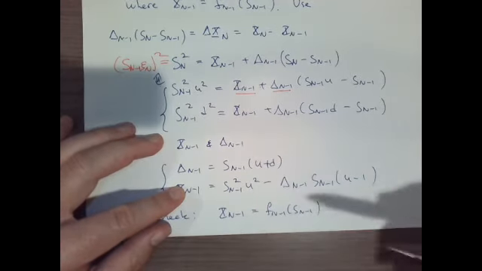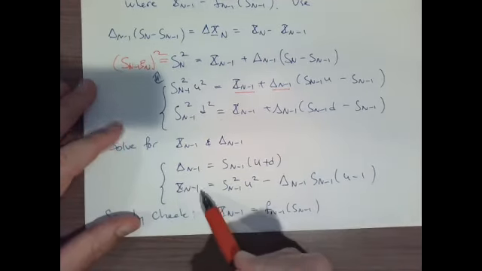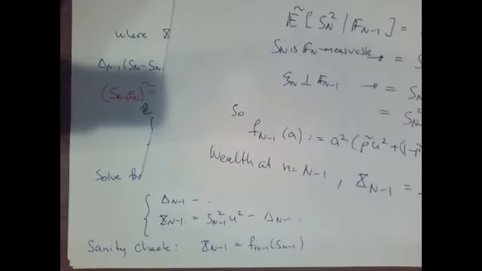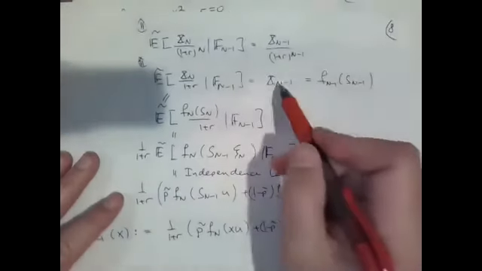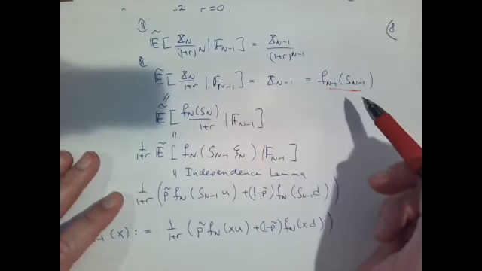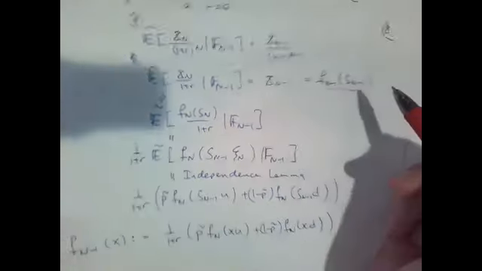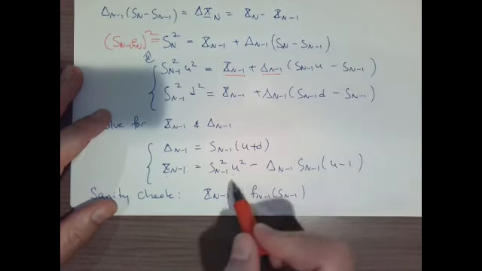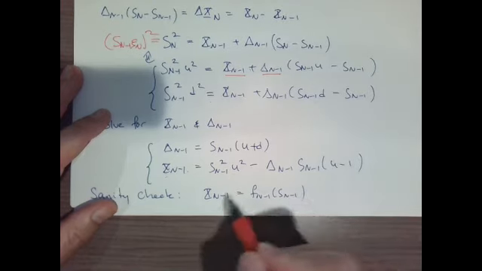So I need to have consistency because this xn minus 1, we had it already on one of the previous slides, so there was no way around it, right? That xn minus 1 had to be this function here. So I should have a sanity check, namely that this is also going to be the case in my example. So I have my xn minus 1, I have my function, they better coincide.